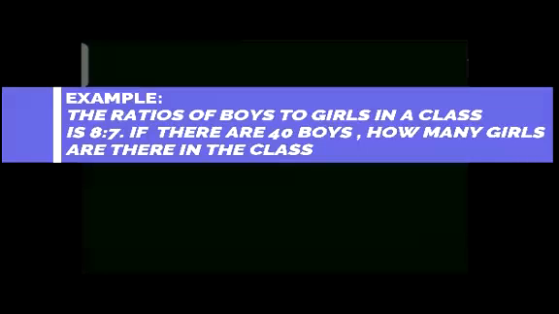The ratio of boys to girls in a class is 8:7. If there are 40 boys, how many girls are there in the class? What you firstly do here is that you set a proportion. The proportion of boys to girls. Then they say the ratio of boys to girls is 8:7.